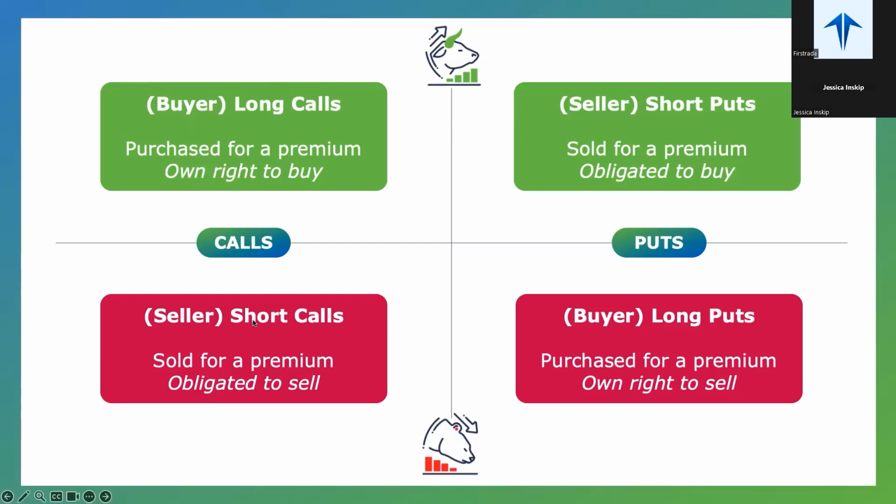So if I'm short, I sold the right to buy, which means since I sold it, I received a premium, and I'm also obligated to fulfill the other side, which means if they execute upon their terms and want to buy at $100 per share, I just sell it to them at $100 per share.